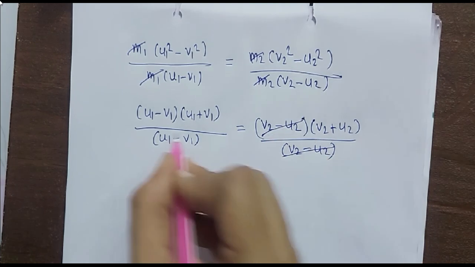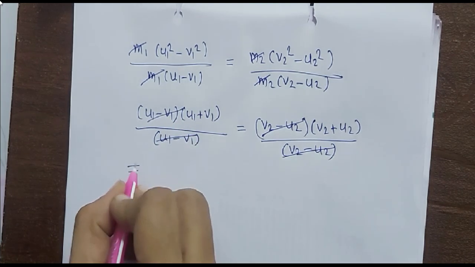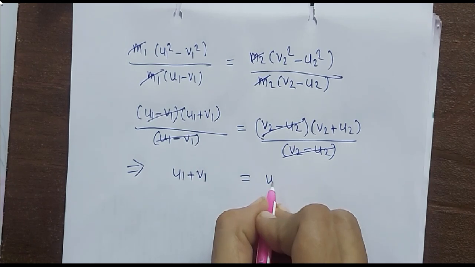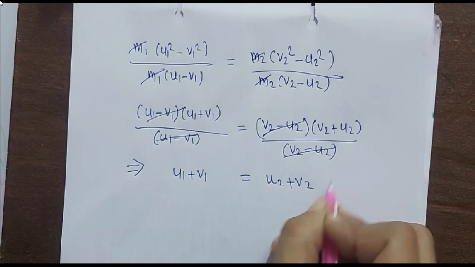This will get cancelled. So u1 plus v1 is equal to u2 plus v2.